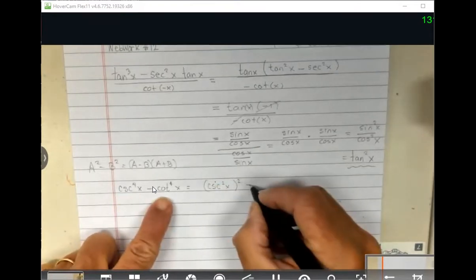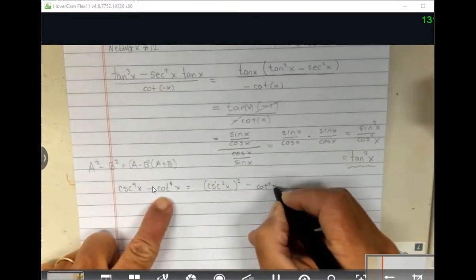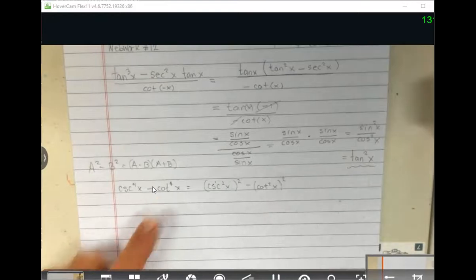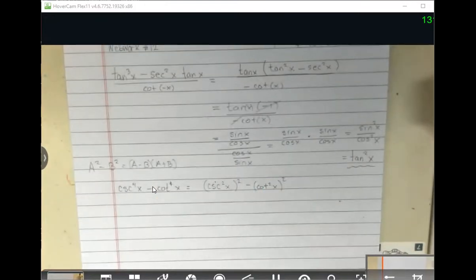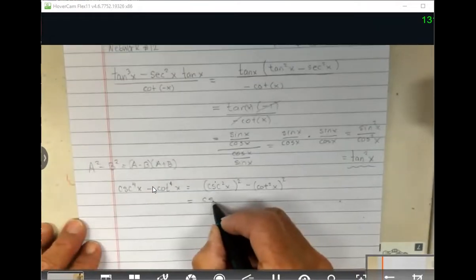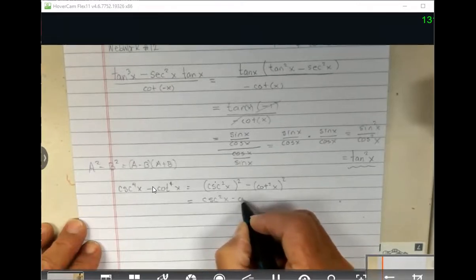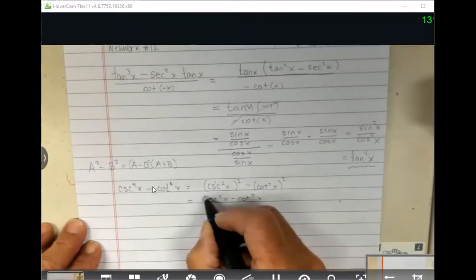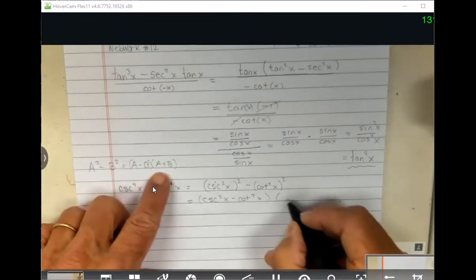And I can think of this as a cotangent squared that's squared. So my a is cosecant squared and my b is cotangent squared. And now I'm going to use that. This should factor into a minus b, cosecant squared of x minus cotangent squared of x, times a plus b.